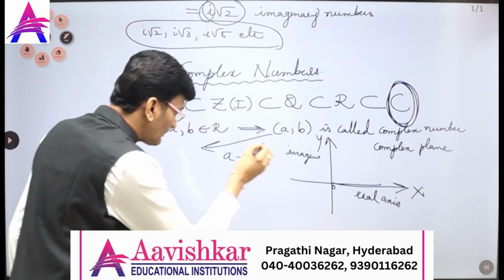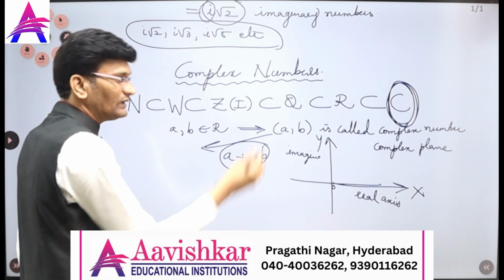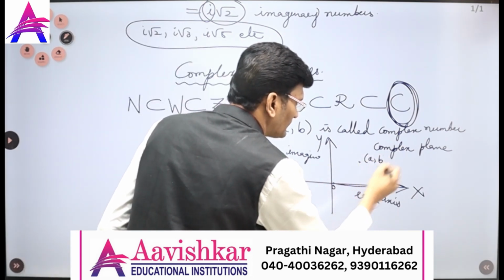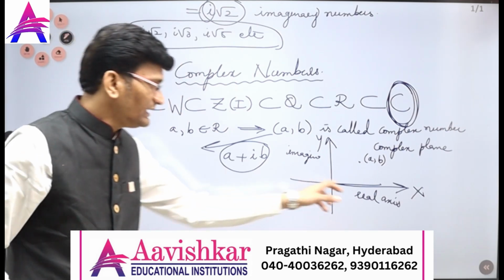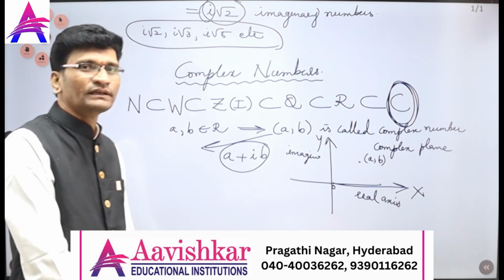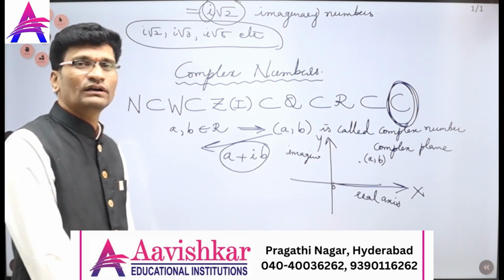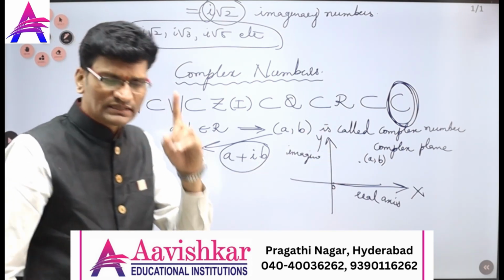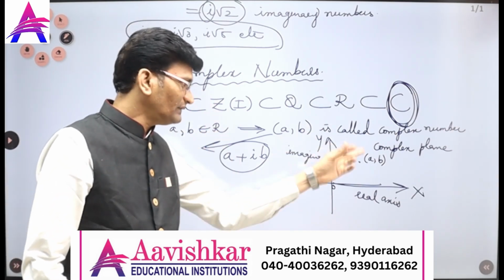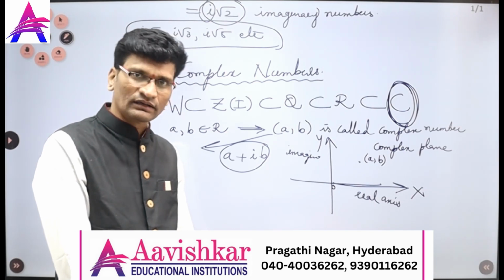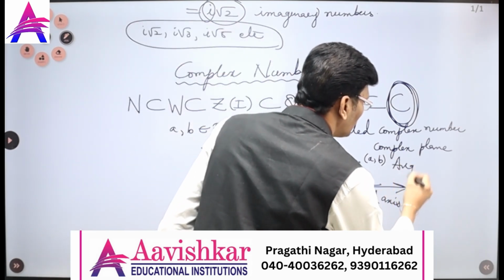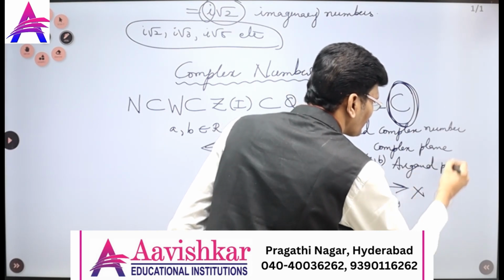This complex number is located on the plane like a point in geometry: take the x-axis as the real axis, the y-axis as the imaginary axis, and locate (a, b). That is the reason this plane is called the complex plane. First of all, a complex number was represented on the plane by Argand, so this plane is also known as the Argand plane.